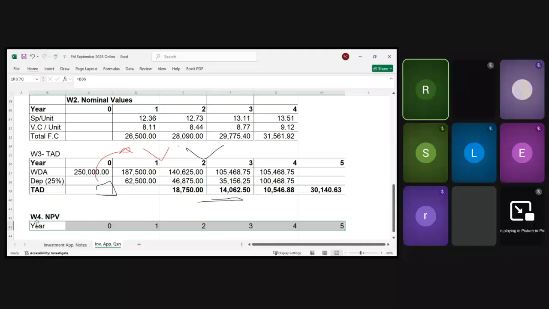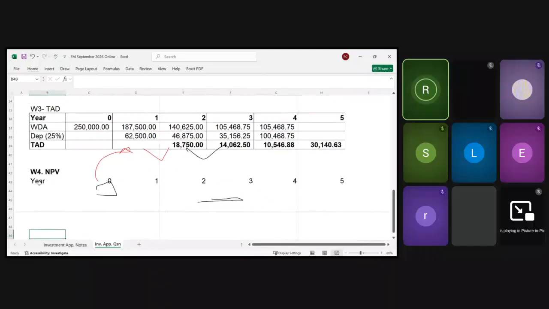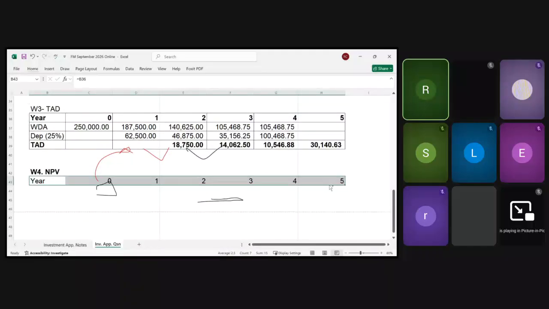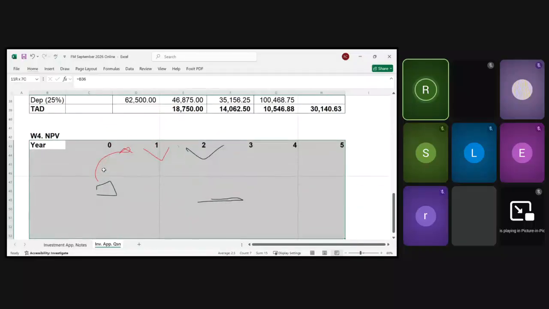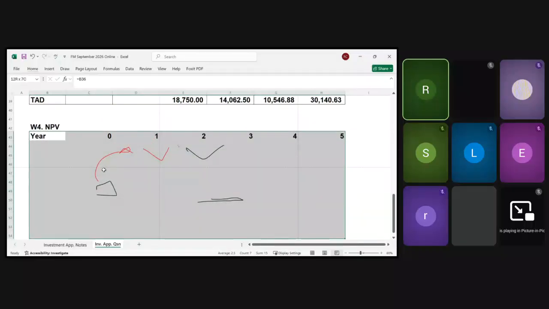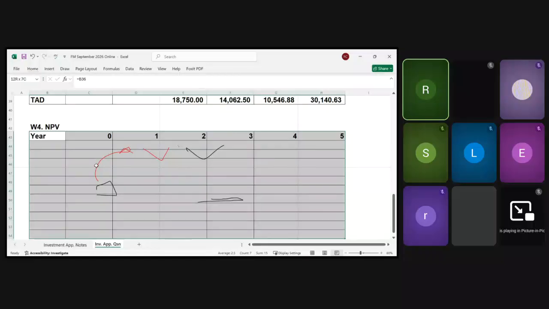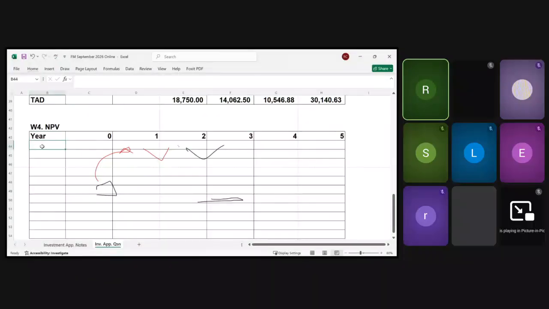Let me just try and create a small table here. All right, so this is what I have, but I need to probably put my units on top there so that I'm not confusing myself.